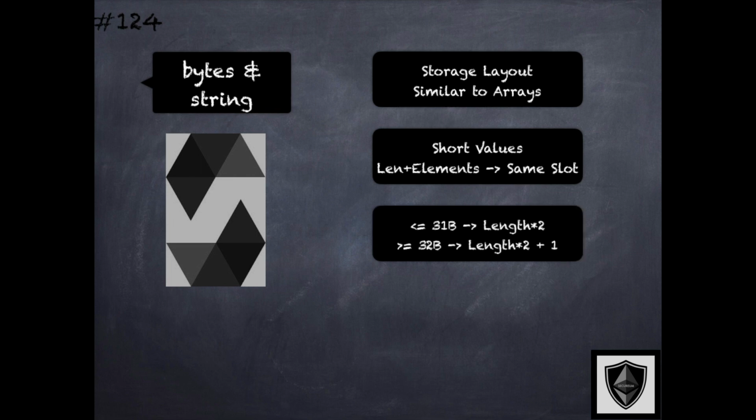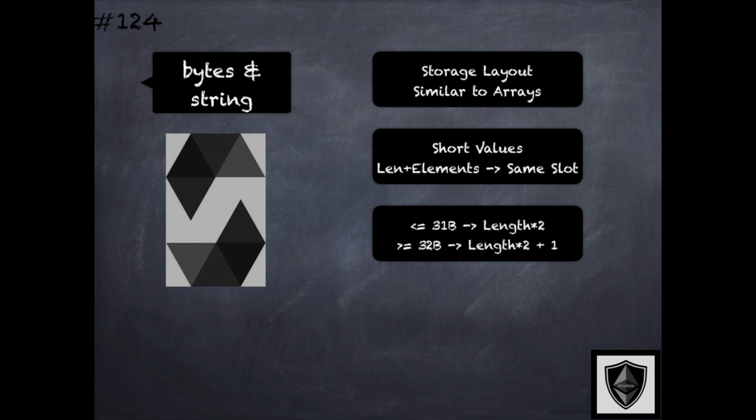And the way this is done is, if the data is at most 31 bytes, then the lowest order byte stores the value length times 2, and all the other bytes, the higher order bytes, store the elements that fit within the remaining 31 bytes.